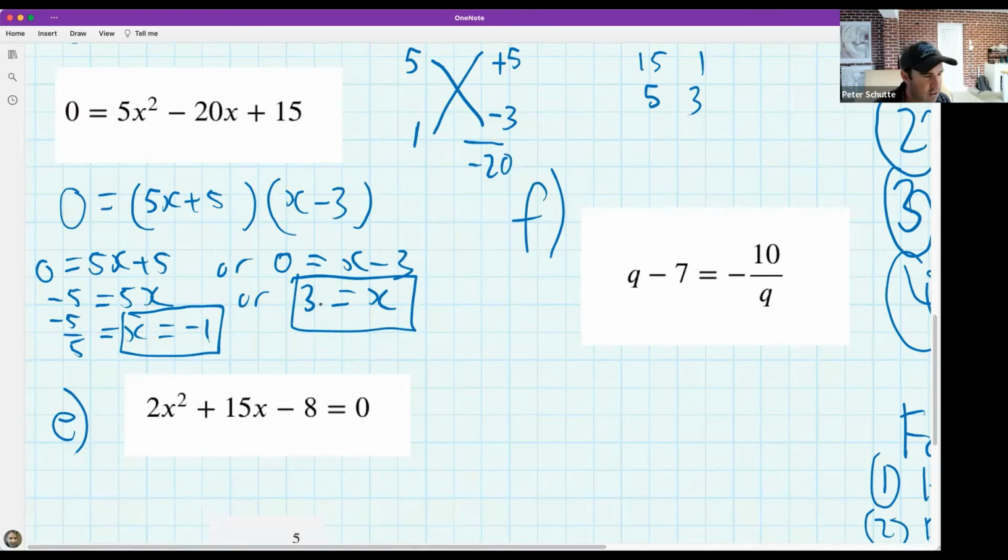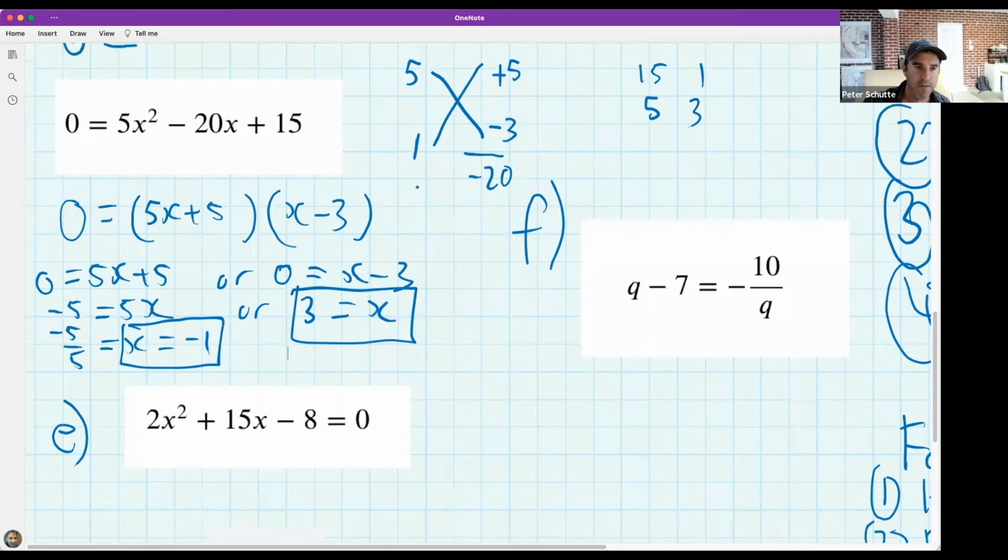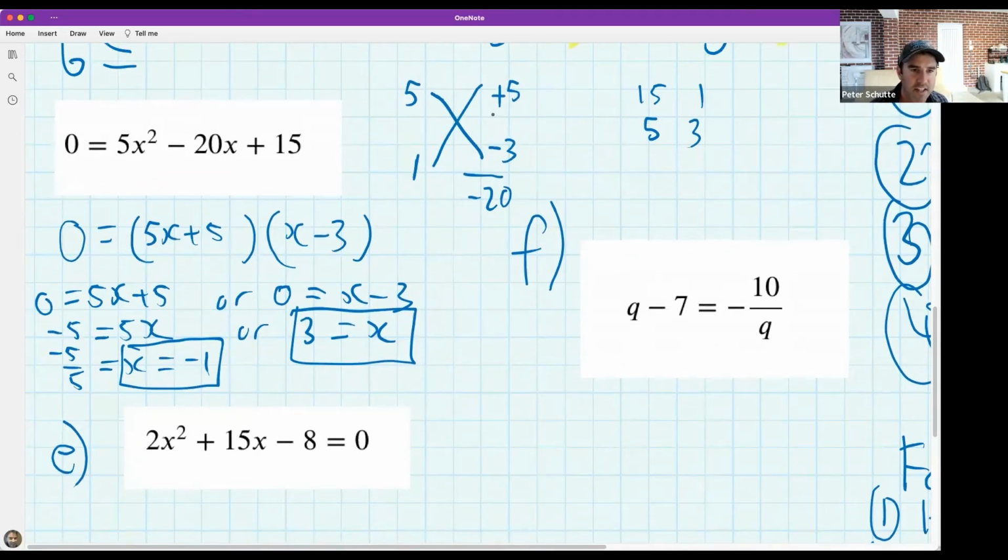Let's just make sure, as some of you may have made a little silly mistake with not getting the -1. Let's just make sure I'm on the right track. -15. Oh, I think I've made an error here. Let's quickly have a look. This needs to be a negative because 5 times -3 is -15, and 1 times -5 is -5.